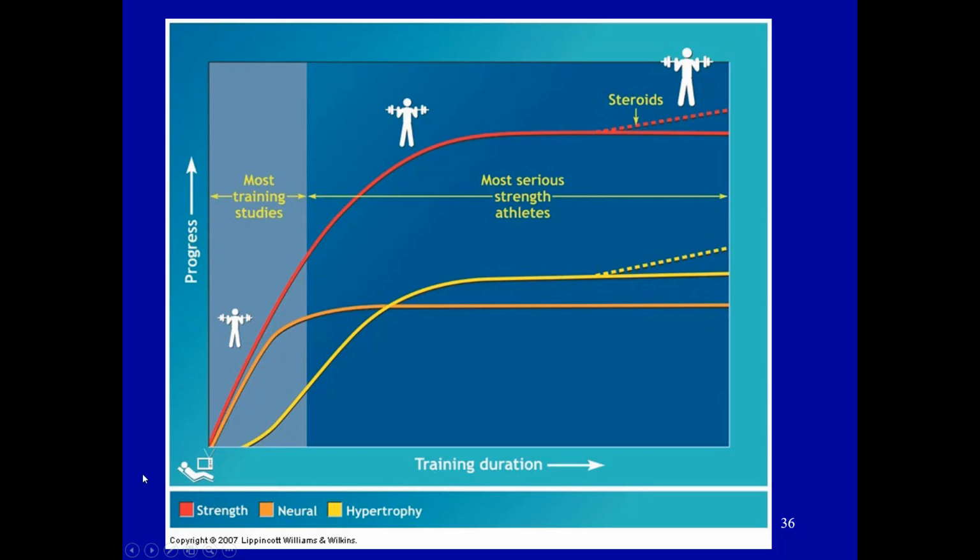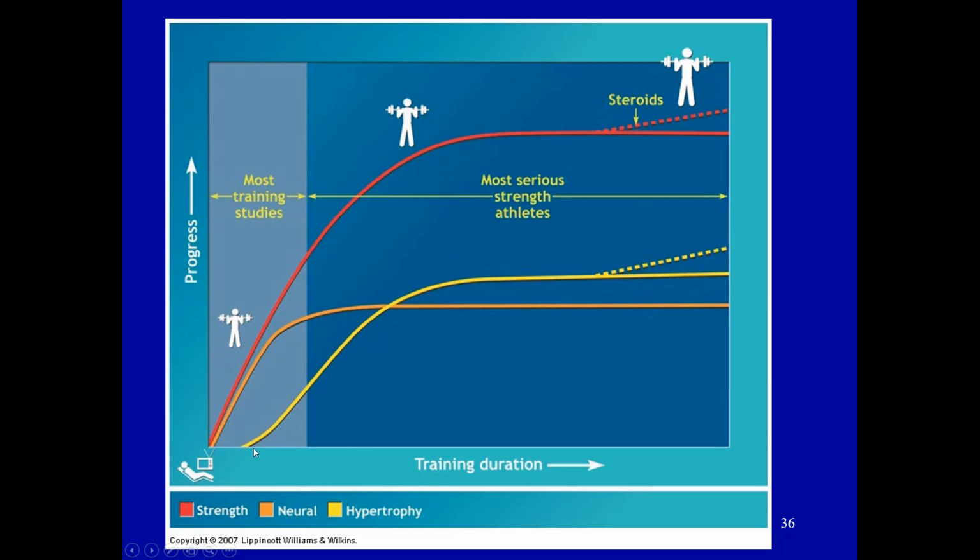And this is a classic graph showing you the interrelationships between neural adaptations and muscular enlargement, or hypertrophy, adaptations. As you go from sitting on the couch watching TV in an untrained state to going to the gym lifting weights, you can see this red line represents an improvement in muscular strength. Muscular strength goes up, then it plateaus at some point, and then obviously they could take anabolic steroids to get even stronger. But let's say muscular strength increases in response to resistance training.